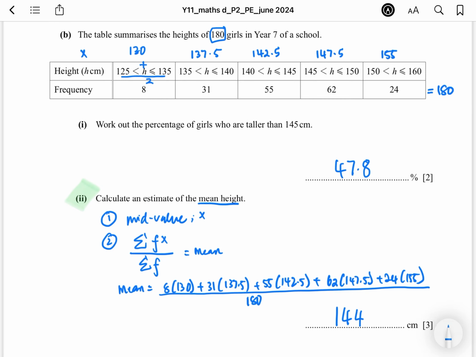You use your calculator, you add that up, correct to three significant figures, and you should get your answer, 144. Okay.